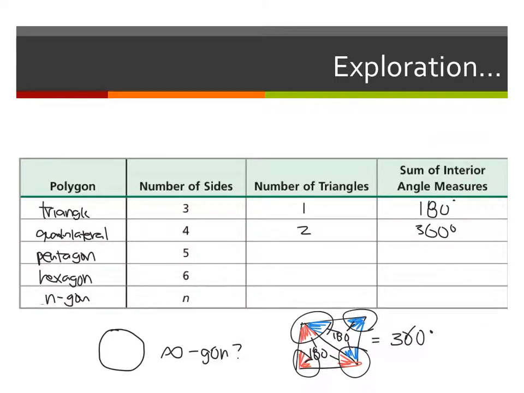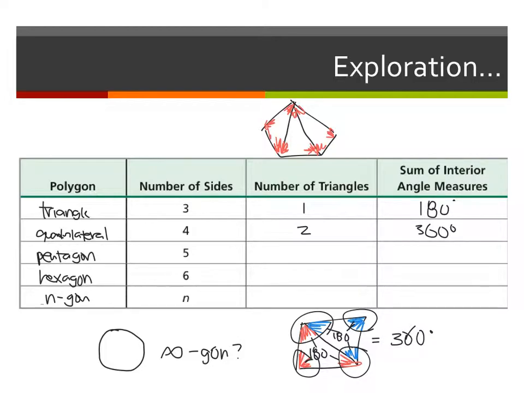We can also apply the same concept with pentagons. If you were to split the pentagon into 3 triangles so that all the interior angles of the triangles cover the interior angle measures of the pentagon itself, isn't that really 180 times 3?